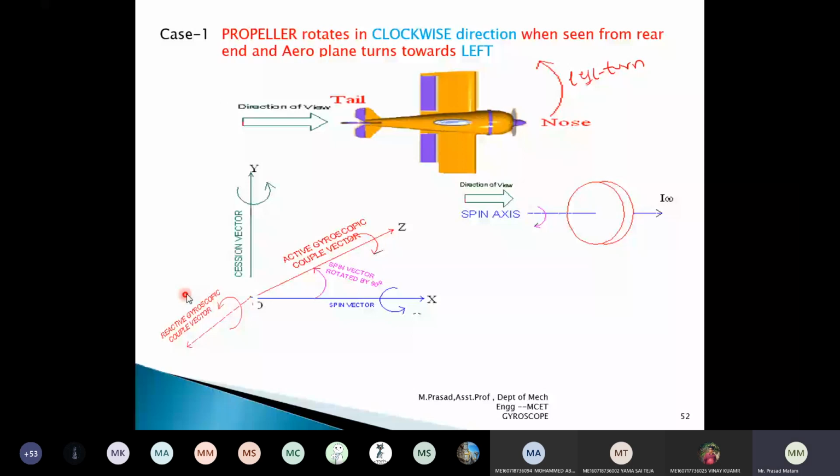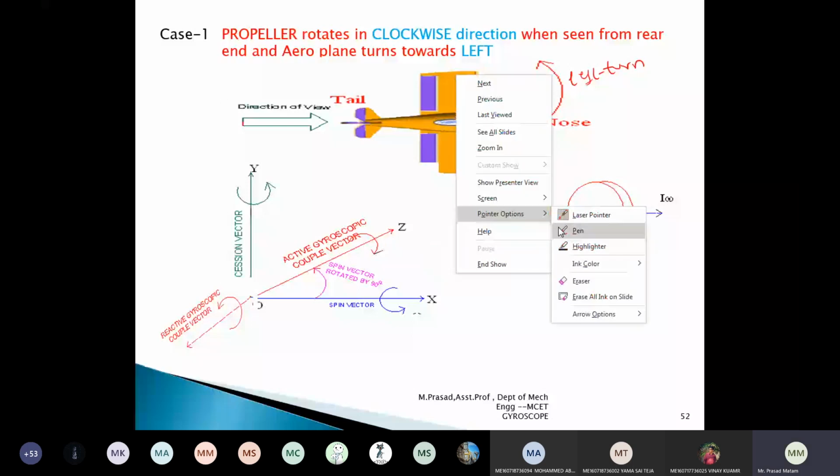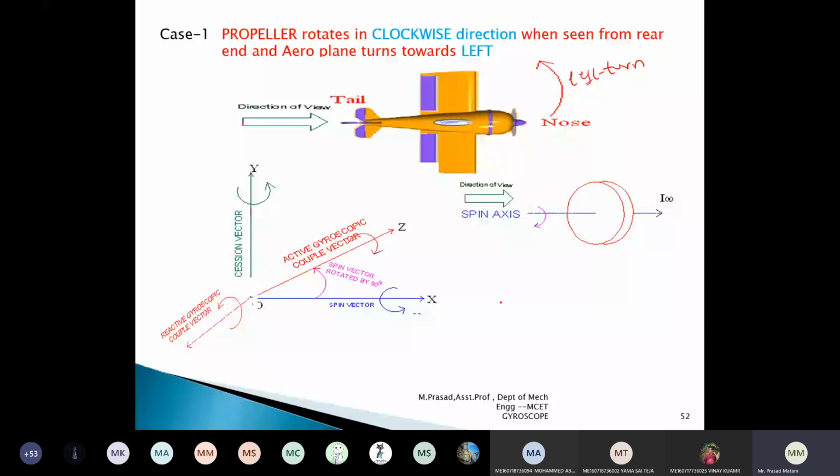Okay. Now it is taking a left turn from here. The left turn is in this direction. So where will you get the precession vector? Can anyone answer? When the angular momentum along the spin axis is moving in the forward direction, the aeroplane is moving forward and taking the left turn like this.